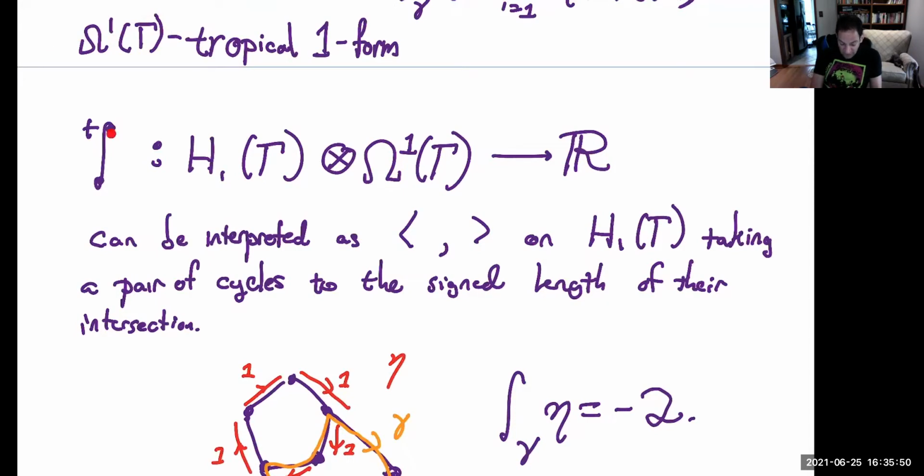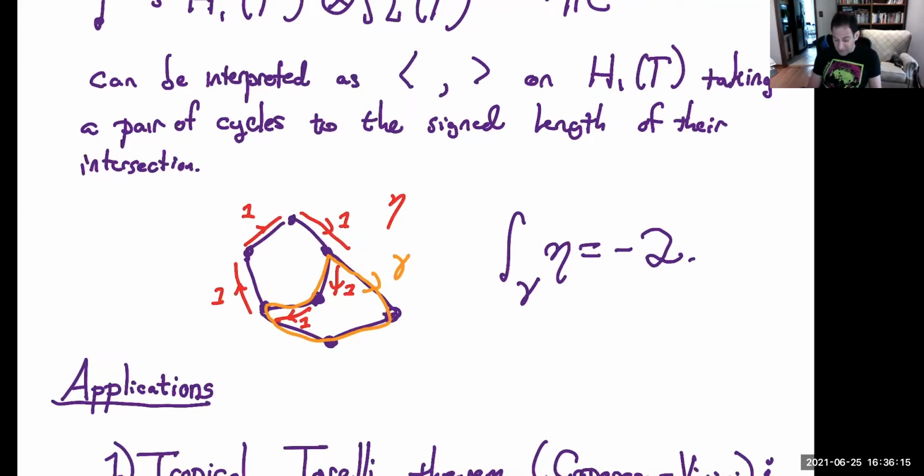I can view tropical single integration as a pairing between first homology and tropical one-forms with target the real numbers. And I can also interpret this as a pairing on first homology, because this is isomorphic to first homology. And then this is the cycle pairing.